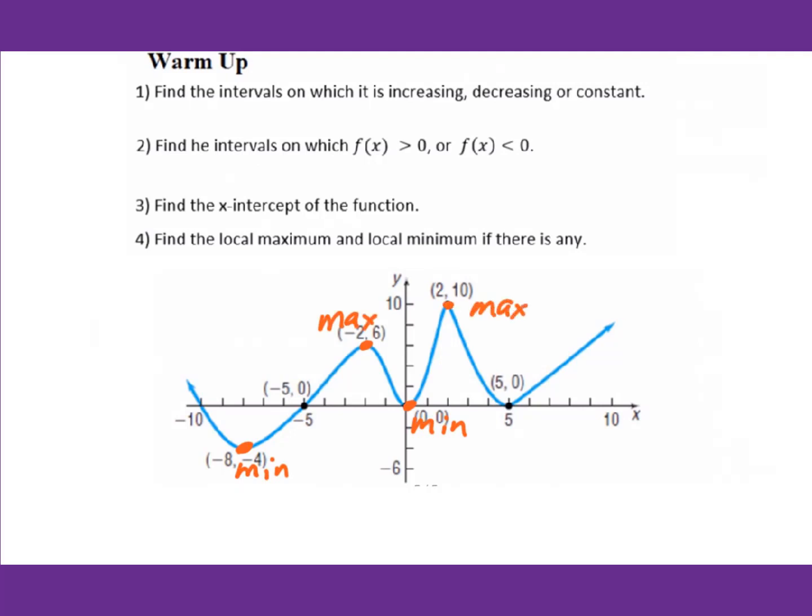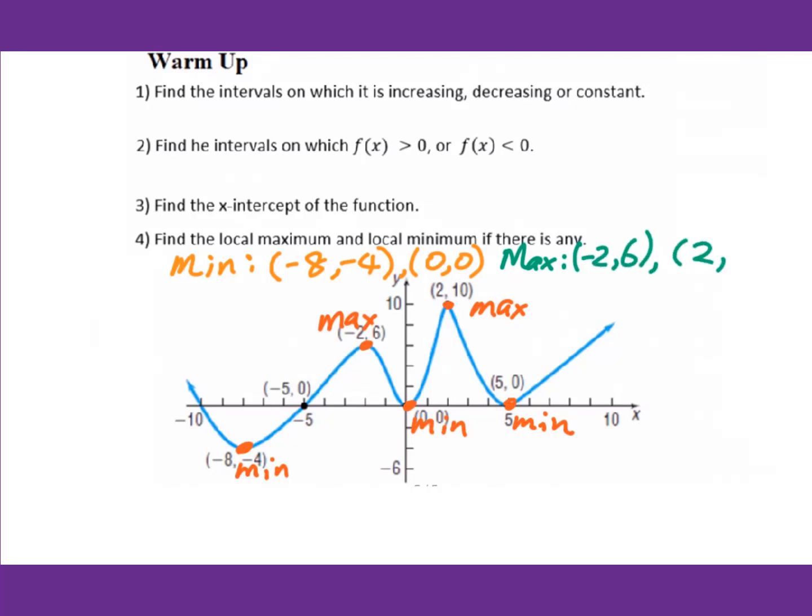Here's a minimum. Therefore, you can write down for minimum: -8, -4, and 0, 0. For maximum, you will have -2, 6, and 2, 10.